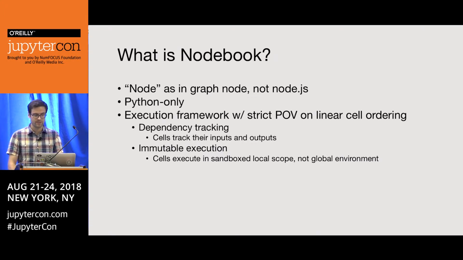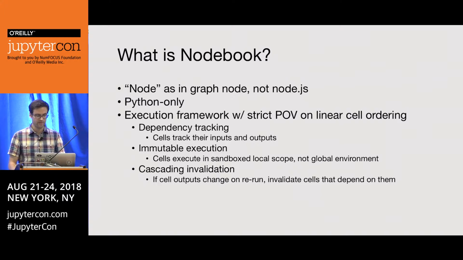It includes immutable execution. Cells are executing in a sandboxed local scope and not modifying the global environment, so that each time you rerun a cell, it's going to be running in the same environment as it was on a previous execution. You can get cascading invalidation.